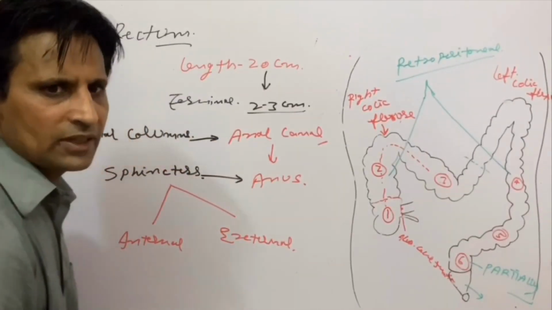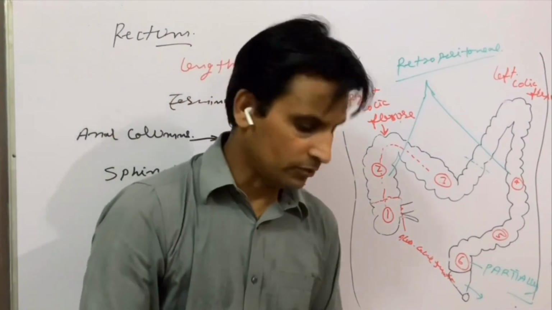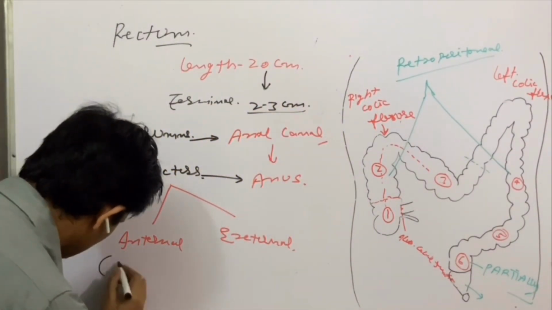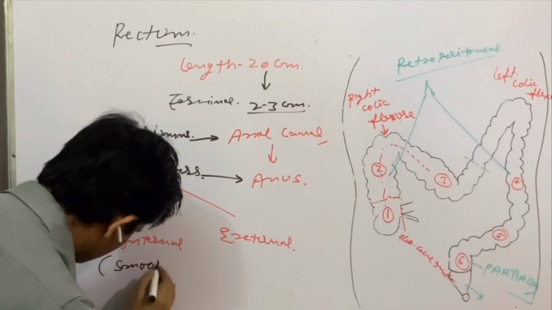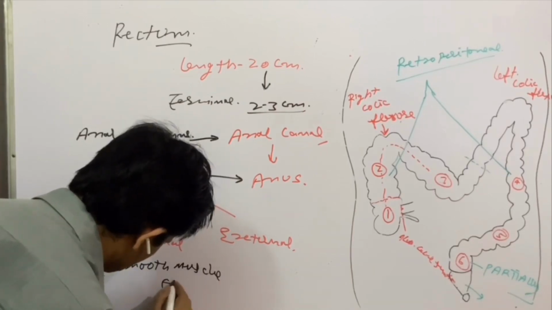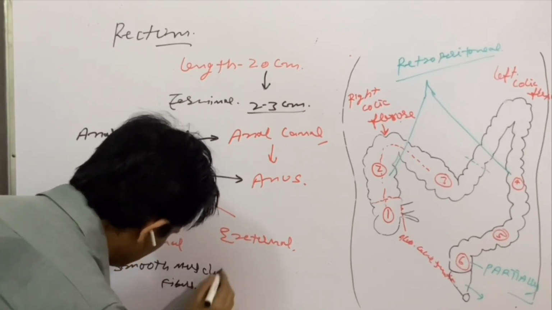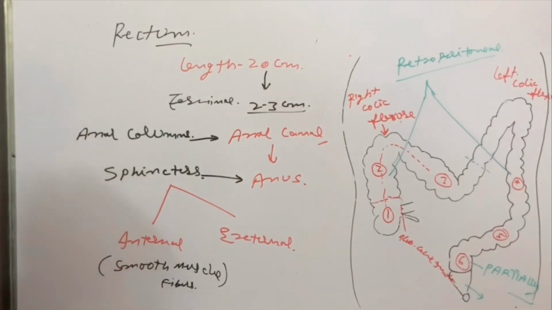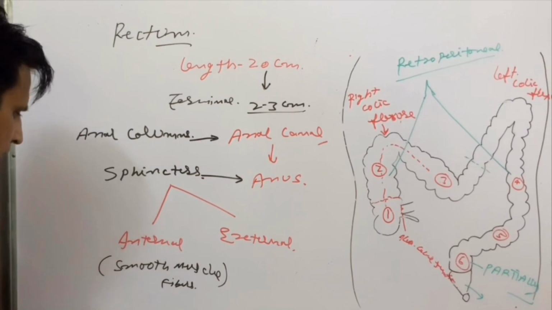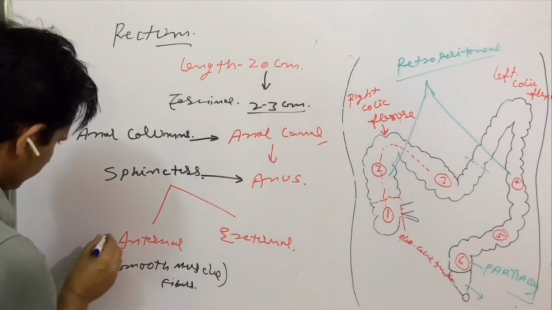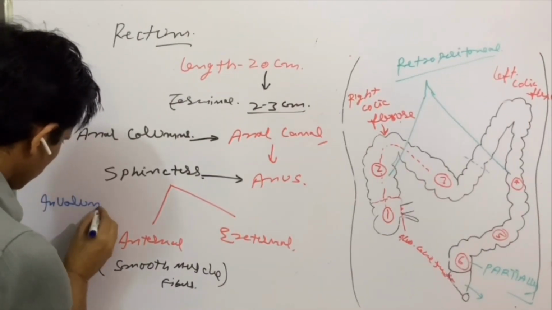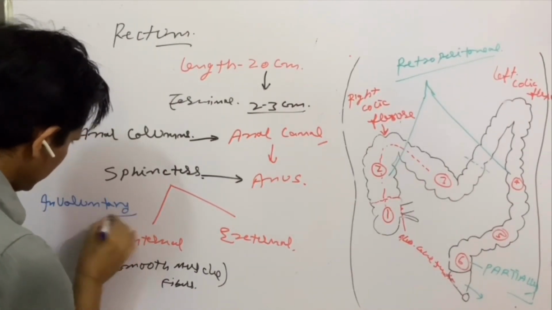This internal sphincter is actually made up of smooth muscle fibers. That's why the action of this internal muscle would be involuntary. So this is an involuntary sphincter.